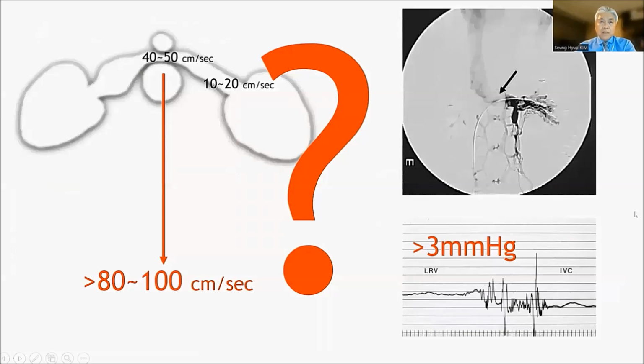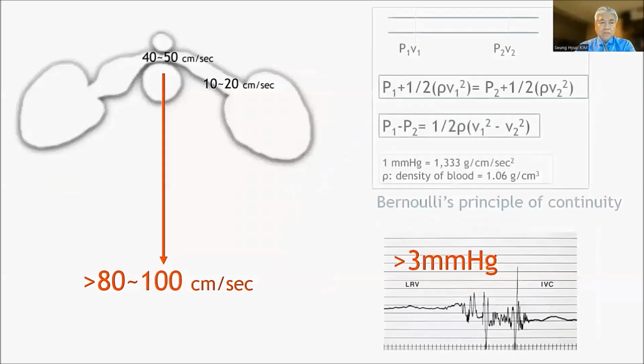One question you might have is, what is the relationship between the Doppler velocity criterion of 80 to 100 centimeters per second and the pressure gradient criterion of 3 millimeters mercury?